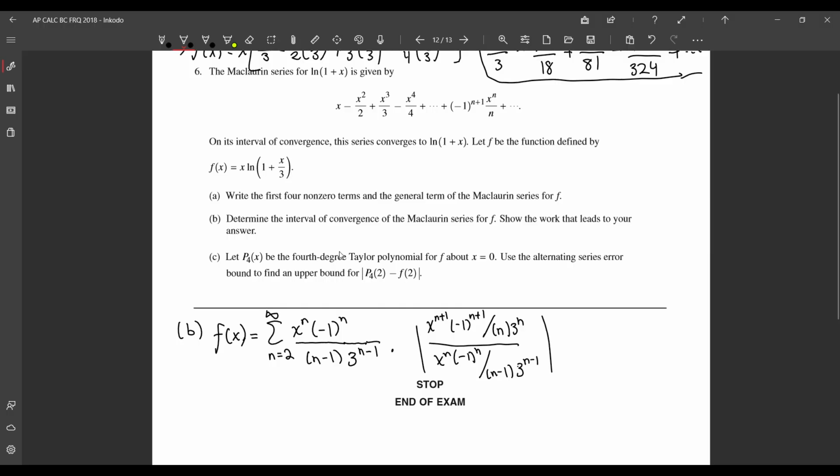Okay. So this is absolute value. We can drop the negatives. We get an absolute value of x over 3 times n minus 1 over n.